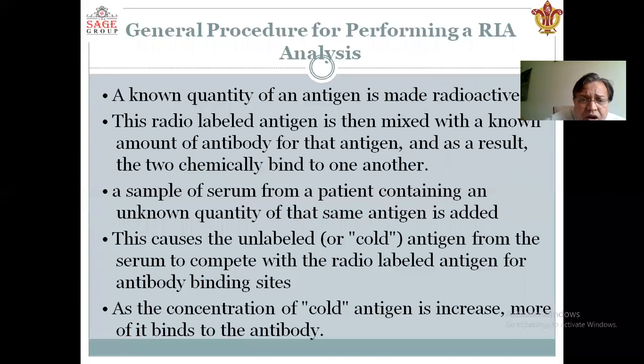A sample of serum from a patient containing an unknown quantity of the same antigen is added. This causes the unlabeled antigen from the serum to compete with radio-labeled antigen for the antibody binding site. As the concentration of cold antigen is increased, more of it binds to the antibody.